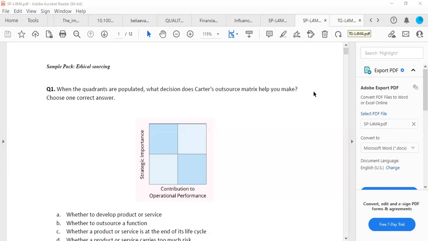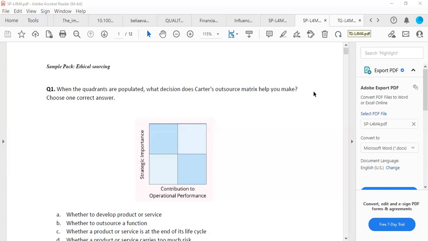We also looked at some indices, the commodity price index, the purchasing managers index, among others. Then we also looked at analyzing potential suppliers' financial reports and financial stability.